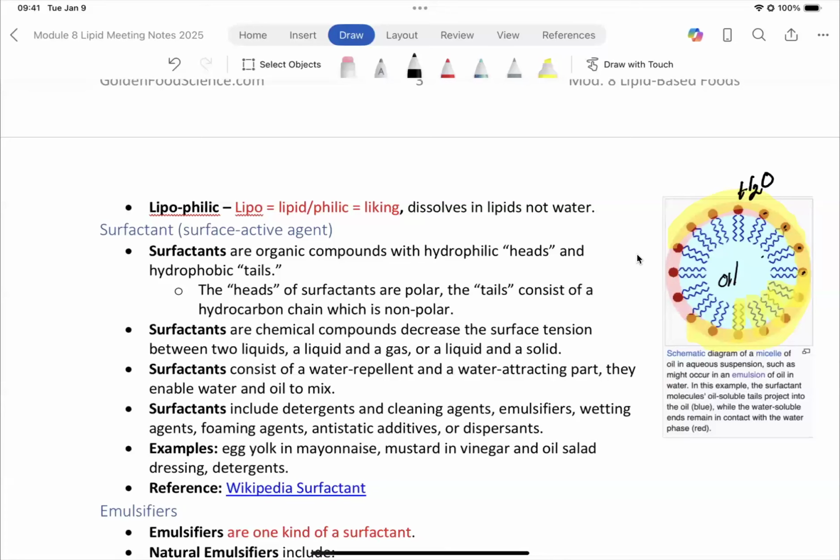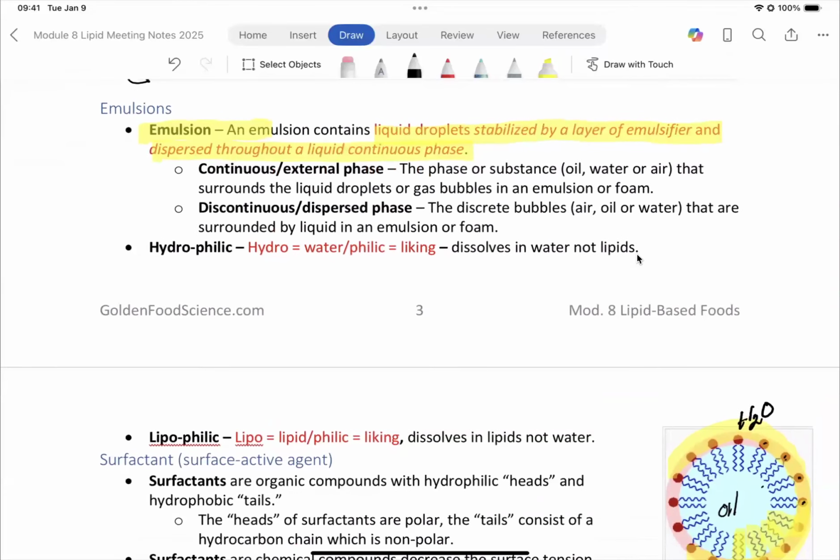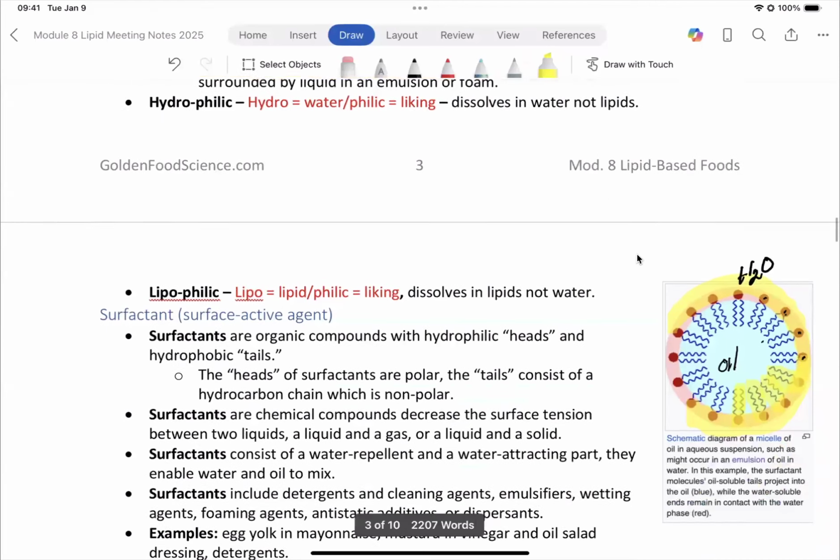So that's an emulsifier. Every emulsion has a continuous phase, a discontinuous or dispersed phase, and an emulsifier. Emulsifiers come in the class of what's called surfactants, or surface active agents.